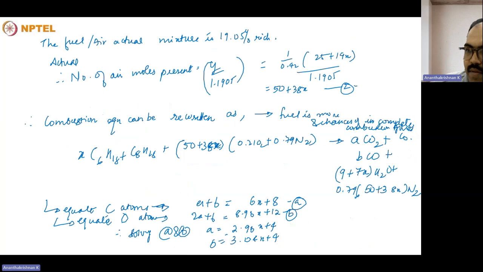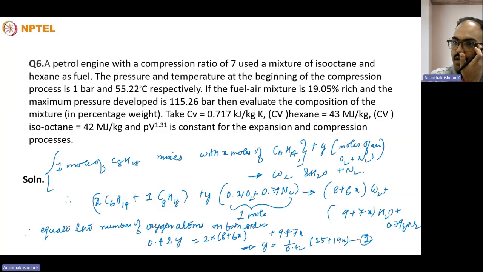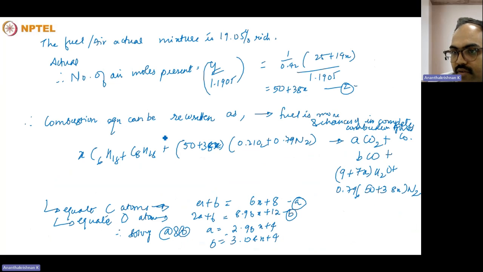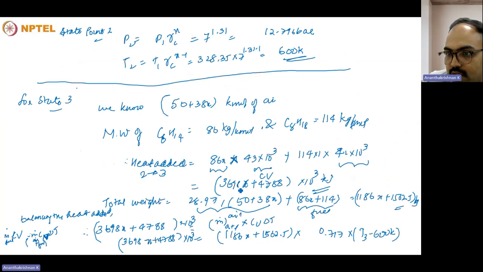So this was a slightly mathematically intensive question, where we have to determine the stoichiometric balance, and from that we use the fuel-rich mixture and get the actual combustion equation. From there, we balance the moles and determine state point 3, and everything comes in terms of the ratio between the moles of iso-octane and normal hexane.